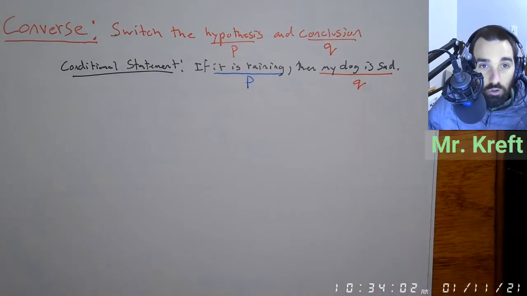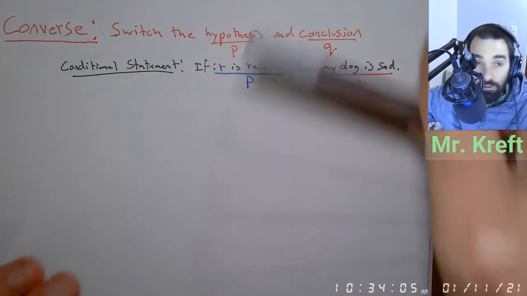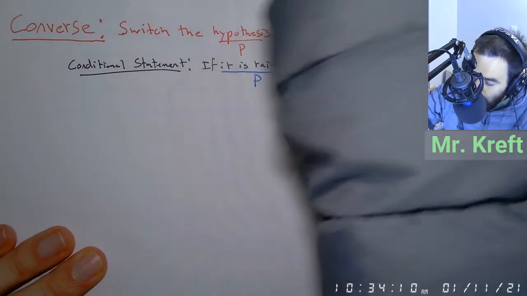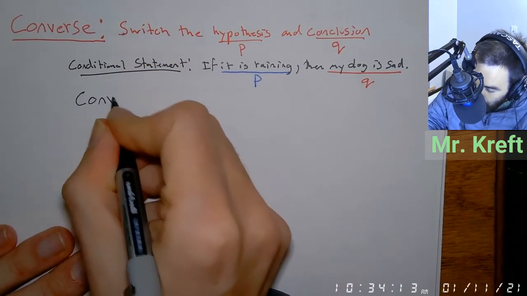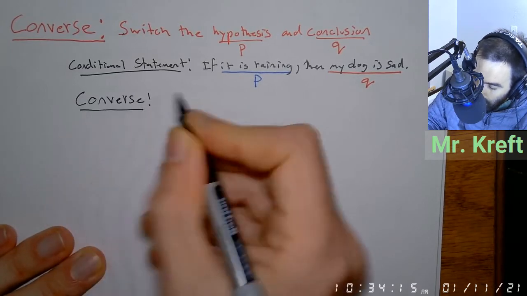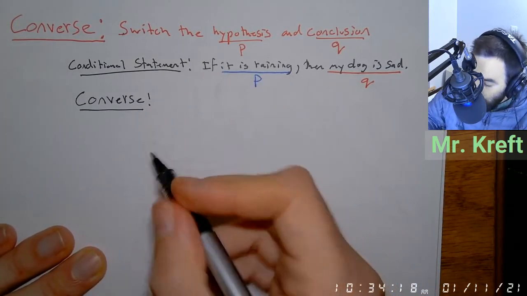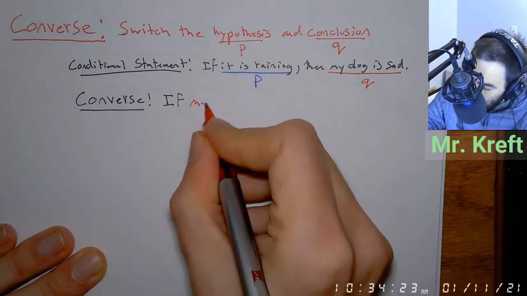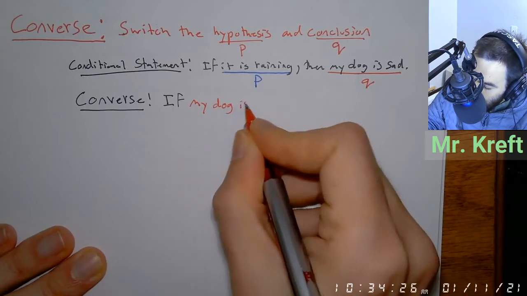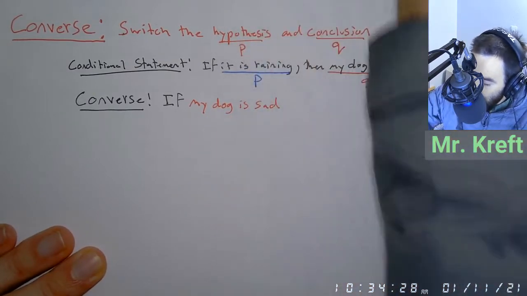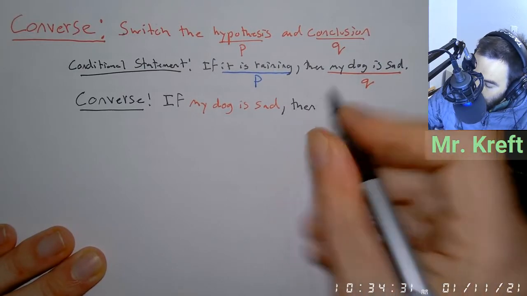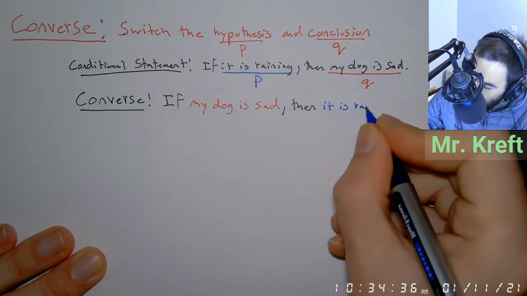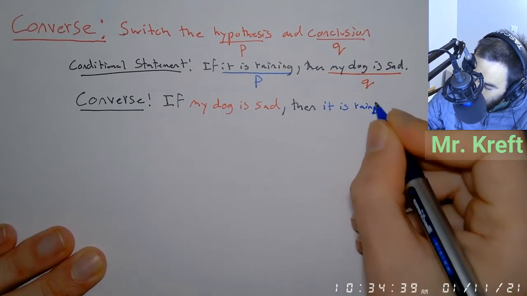So in logic, we often want to check our logic in different situations. So now, check this out. My converse, I'm going to switch my P and my Q. So I'm going to have if my dog is sad, then it is raining.